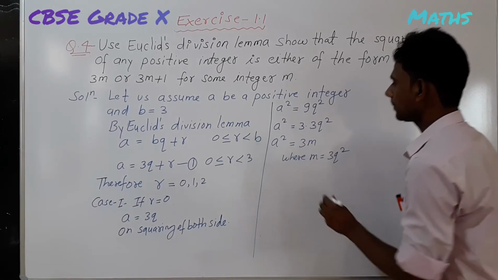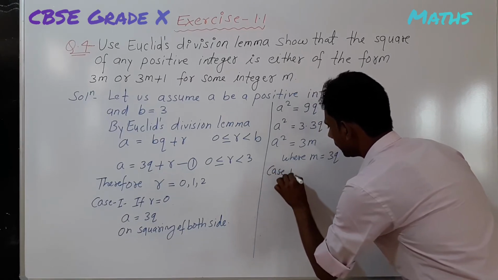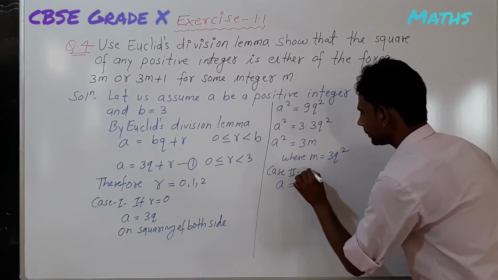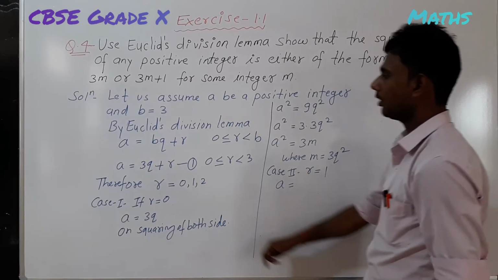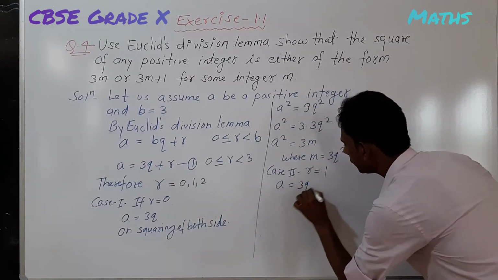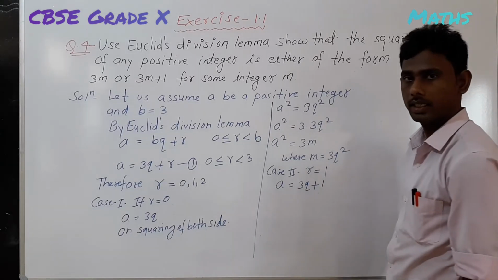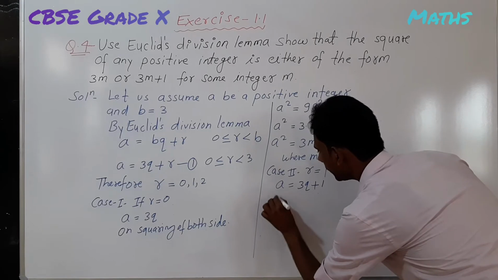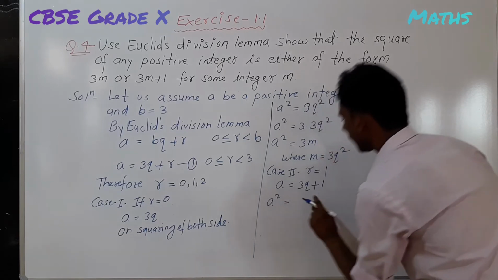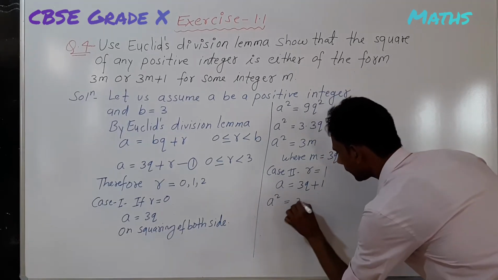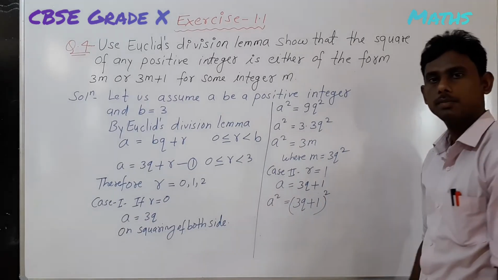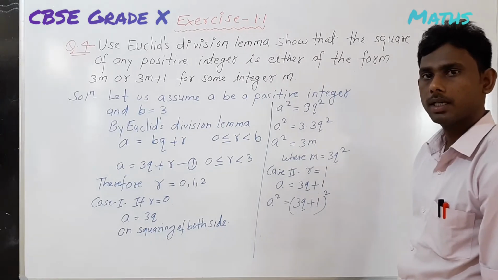Again, case 2: putting r equal to 1, we substitute r equal to 1 in this equation, then a will be equal to 3q plus 1. Squaring both sides, a square will be equal to 3q plus 1 whole square. We know that a plus b whole square is a square plus b square plus 2ab.